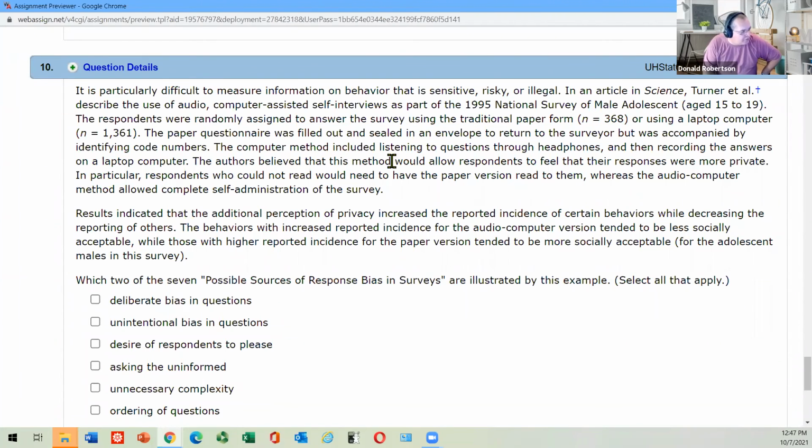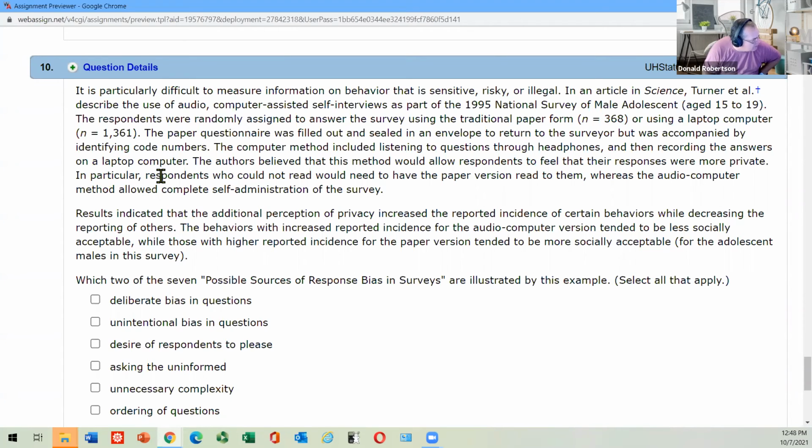The computer method included listening to questions through headphones, then recording the answers onto a laptop computer. The authors believed that this second method would allow the respondents to feel that their responses were more private. In particular, respondents who needed the paper version read to them would not need that, whereas the audio computer method allowed complete self-administration of the study.